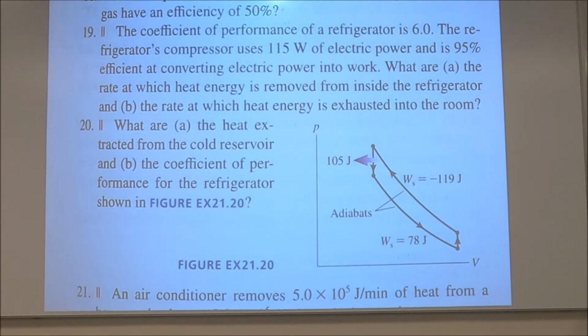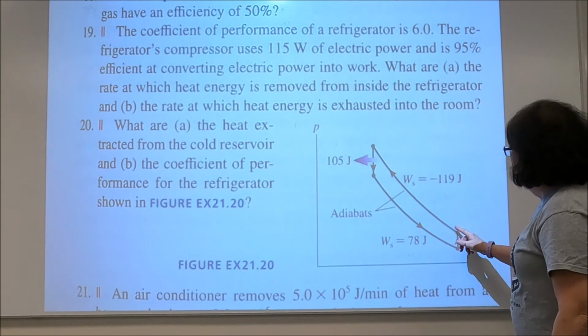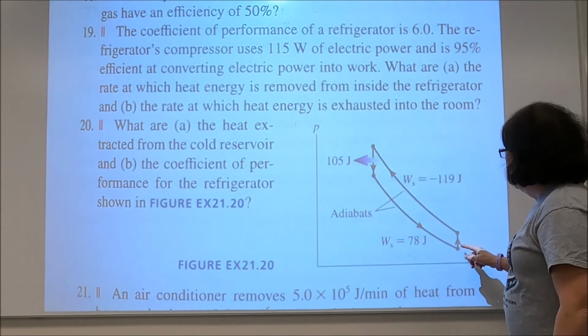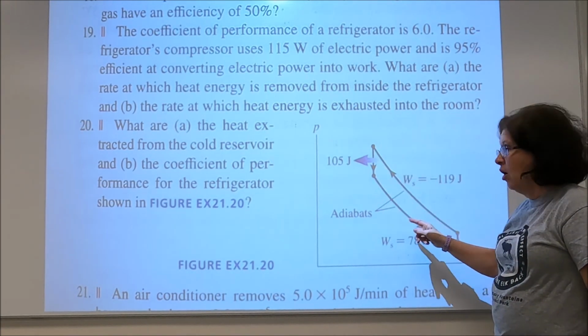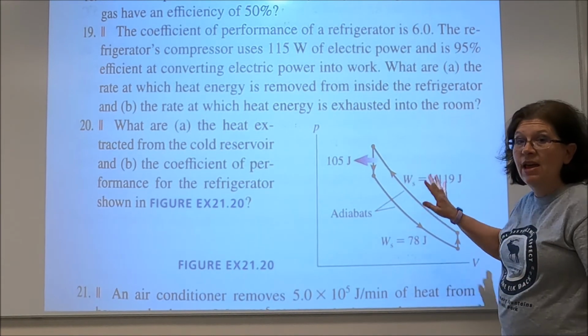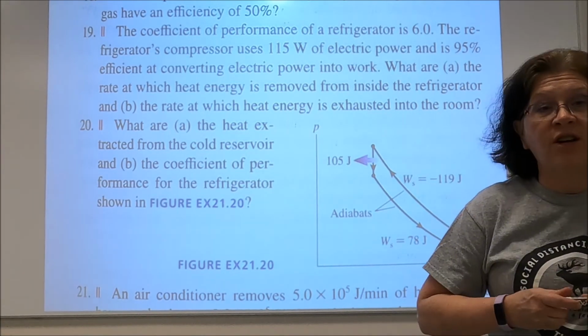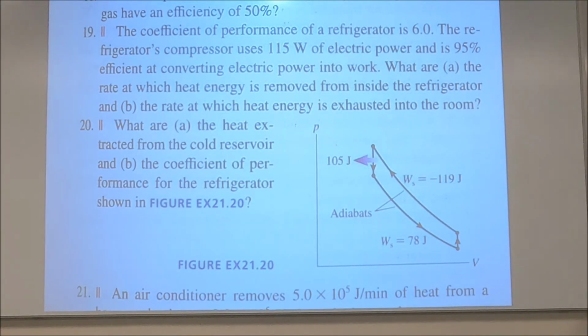All right. Now, also want you to notice on this picture, notice the direction of the arrows. Things are going counterclockwise. Counterclockwise means that we've got a refrigerator. Okay? Clockwise, heat engine, counterclockwise, refrigerator.